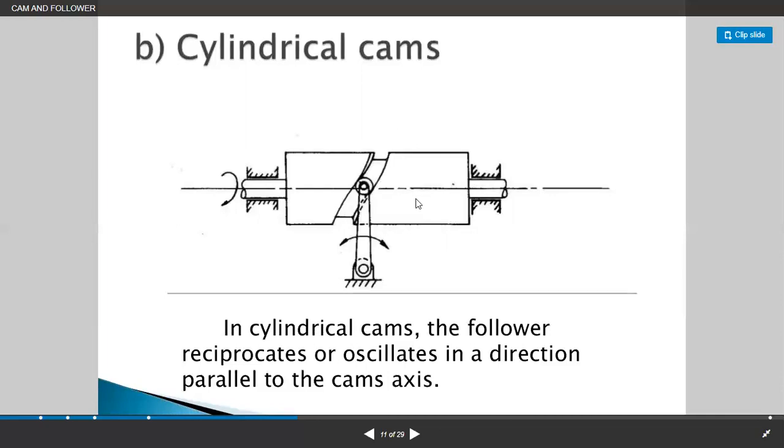When the cylinder rotates, the follower oscillates in this direction. So the axis of the cylinder is this, and the follower oscillates in the direction of the cylinder axis, which is horizontal.